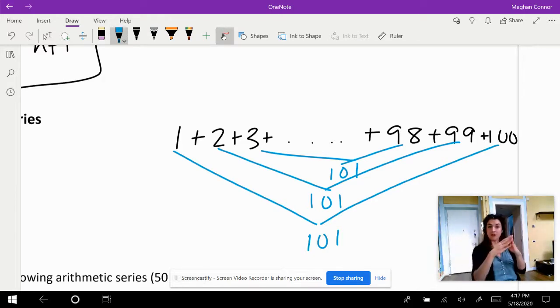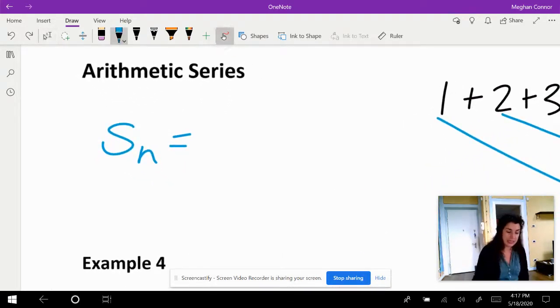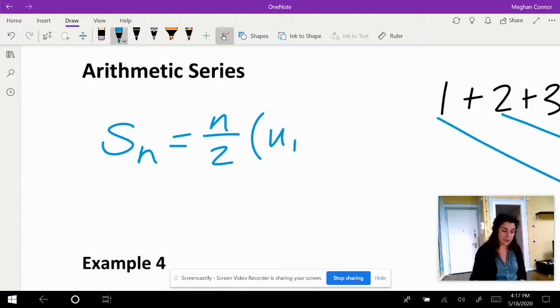So half of that would be 50 because we're cutting it down as we go through the middle. So 50 of those 101s that we added together, you would multiply 50 and the 101, and that's the sum of all the integers between 1 and 100. And that's the formula for your arithmetic series: the number of terms that you are adding together divided by 2 times the first term plus the last term.